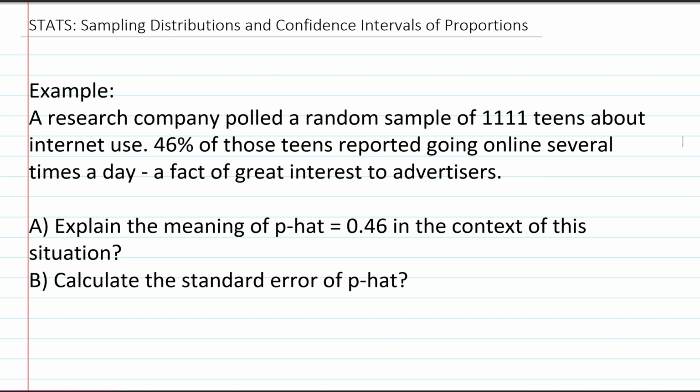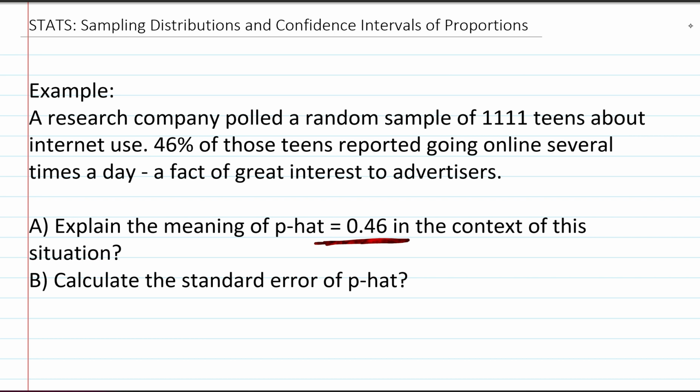So with this, the sample proportion p hat is the proportion of outcomes in a sample that are a certain value. So in this case, the value of p hat indicates that 46% of the 1,111 teens in the sample said they go online several times a day.